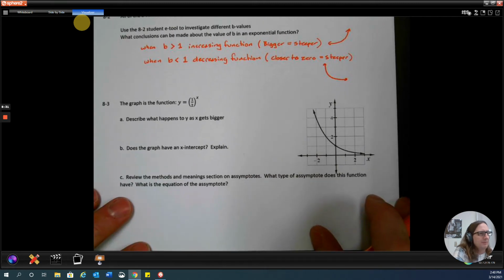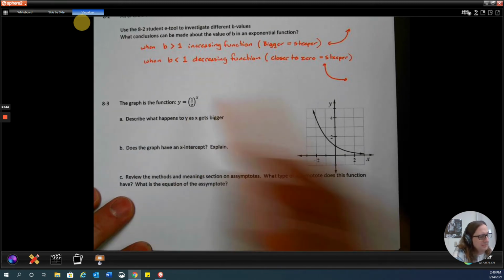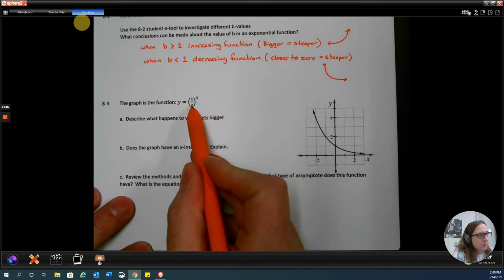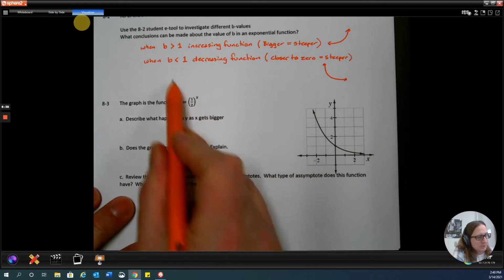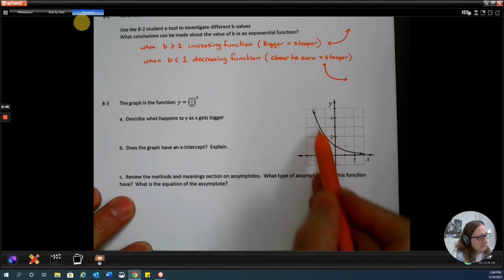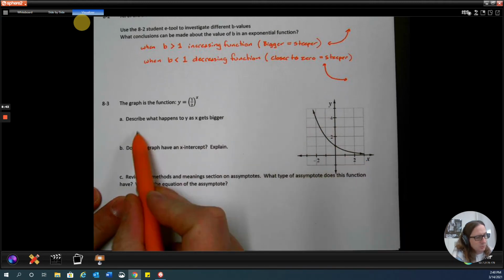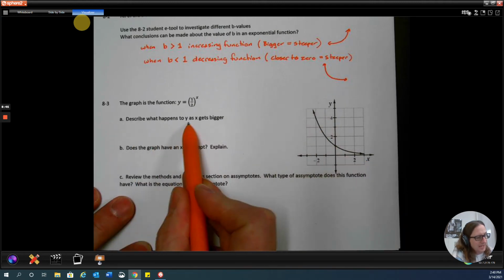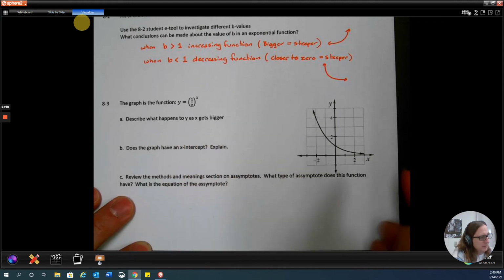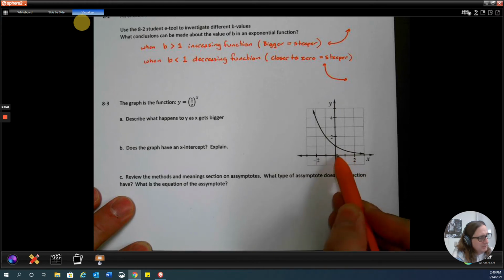Okay, so we've got the graph of a function y equals 1/2 to the x power. This is less than 1, so our b value is less than 1, so that's why this is decreasing going this way. Okay, so we're going to describe what happens to y as x gets bigger. Well, each time that x increases by 1, so here I've got the point 0, 1, and then if I move over this direction, increasing x by 1, now I've got a y value of 1/2.